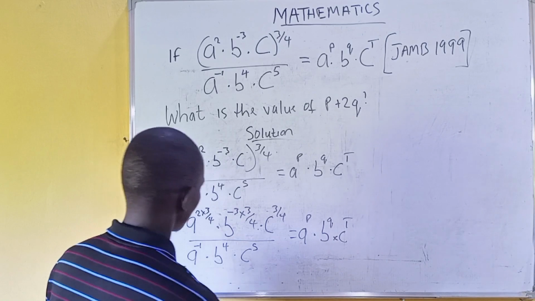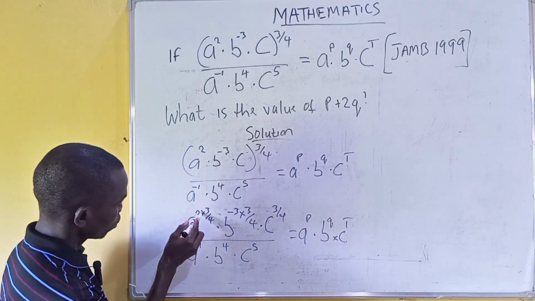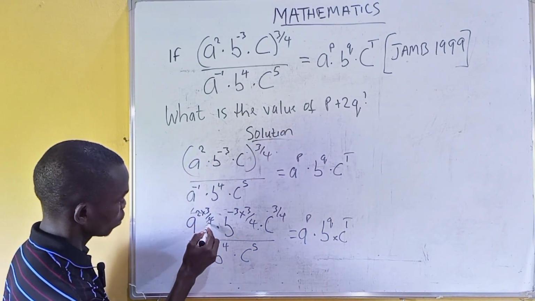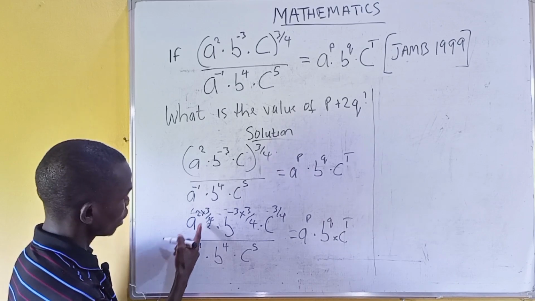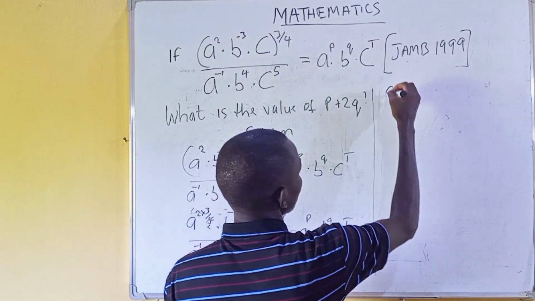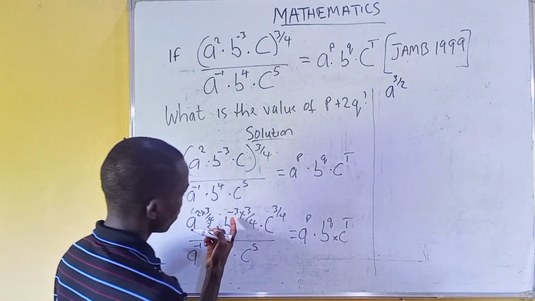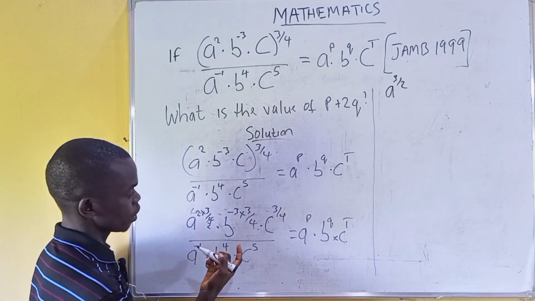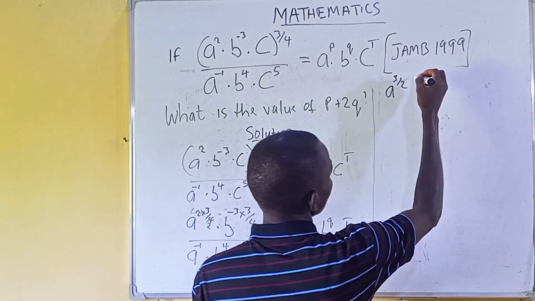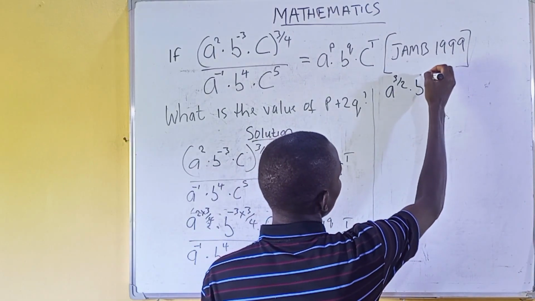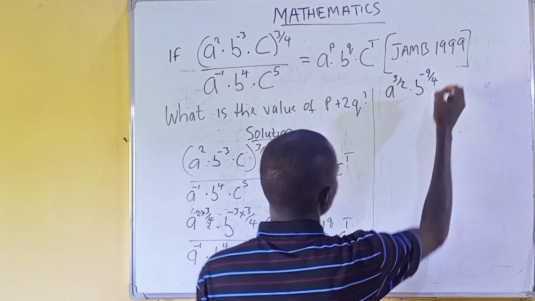If you look at here now, we have 2 here, we have 1, 2 here, we become 2. So a will now be a^(3/2). b will now be minus 3 times 3, which is minus 9 over 4, so b^(-9/4).